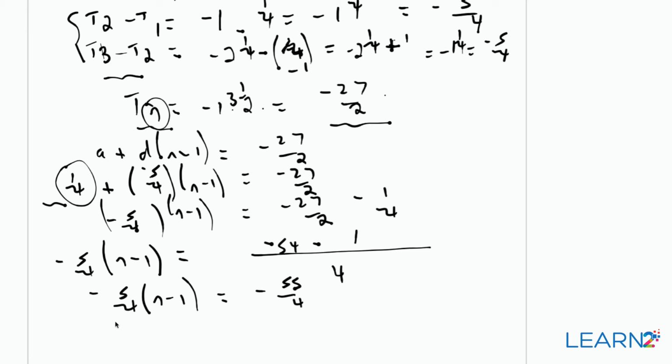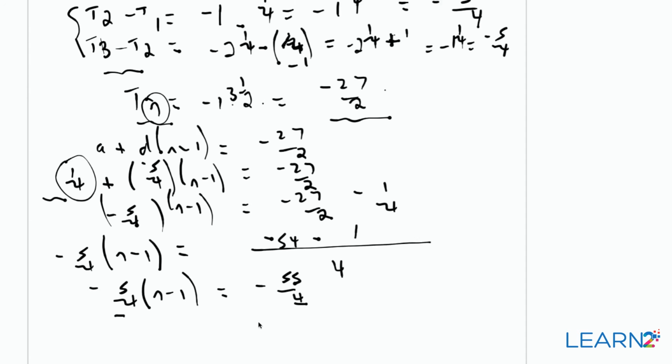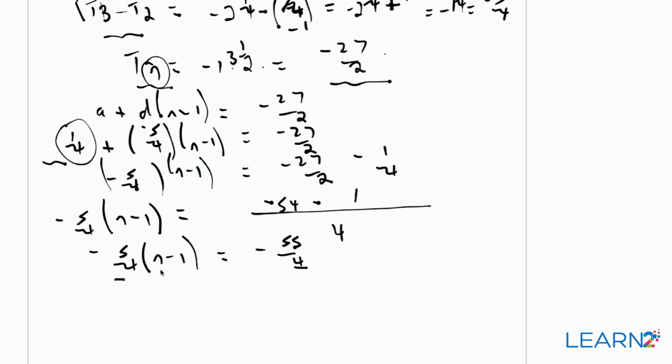Now what I've got is a common 4, so I can actually multiply everything by 4, and by doing that I will drop the 4s. So you'll then land up with minus 5 multiplied by n minus 1 equals minus 55. We've multiplied by the 4s, essentially getting rid of the 4s. So minus 5 times n is minus 5n, minus 5 times minus 1 is plus 5, equals minus 55.